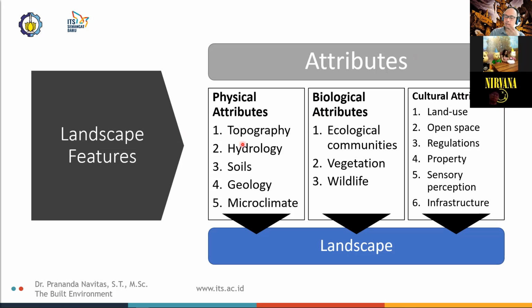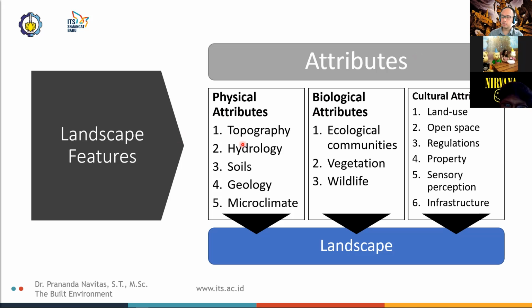Now, the physical attributes include topography, hydrology, soil properties, the geology and the microclimate. Then we have the biological attributes, which talk about ecological communities, vegetation, wildlife habitats, and so on.